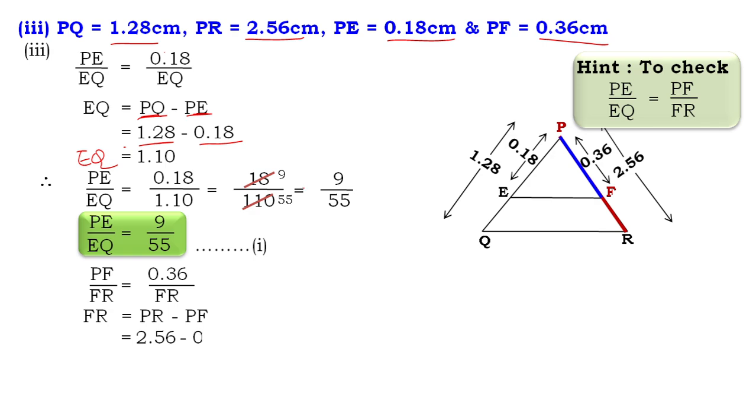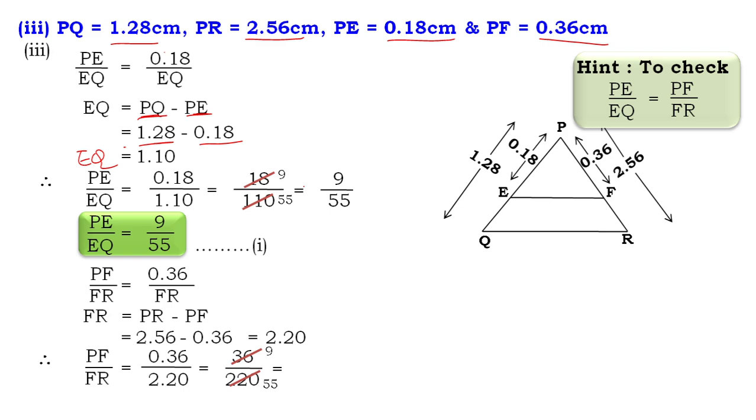PF is 0.36. After subtracting we will get 2.20. PF divided by FR is equal to 0.36 divided by 2.20, that is 36 divided by 220. Then cancel it. 4 9s are 36, 4 55s are 220. This is equation 2, 9 by 55.